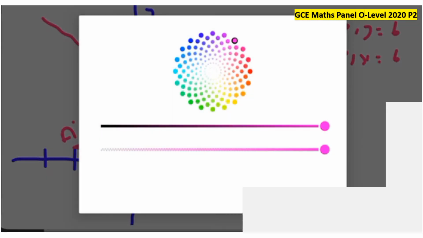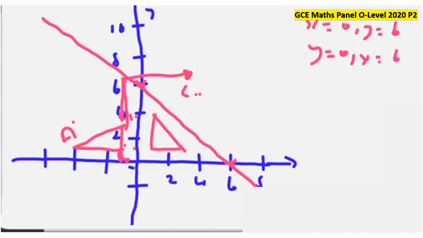Then I'll take the next point. The next point is B. I'll count the distance of B from this line. So B starts from here and B moves upwards. So when B touches this line, I'll now extend the B the same number of units. My B prime prime will be here.